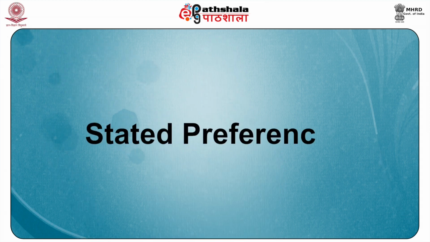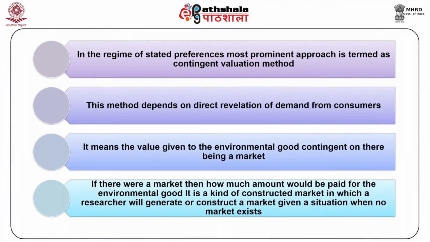Next, we shall discuss the stated preferences. In the regime of stated preferences, most prominent approach is termed as contingent valuation method. This method depends on direct revelation of demand from consumers. It means the value given to the environmental good contingent on there being a market.